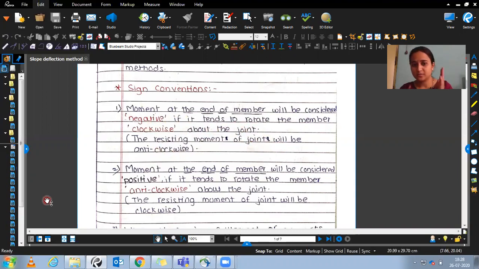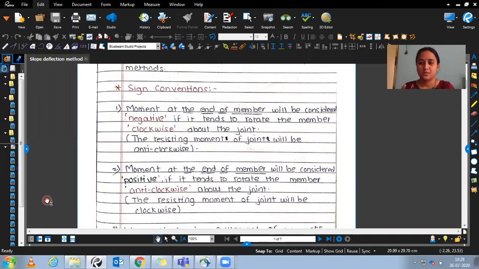First of all, consider a fixed beam with end moments because of some externally applied load and internal stresses. The end moment of the member is considered negative if it tends to rotate that particular beam in clockwise direction.